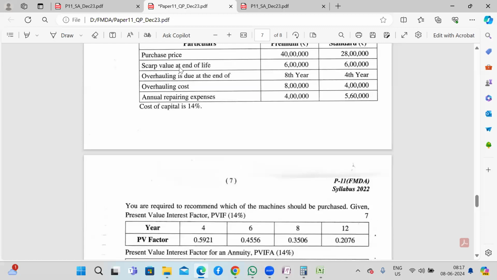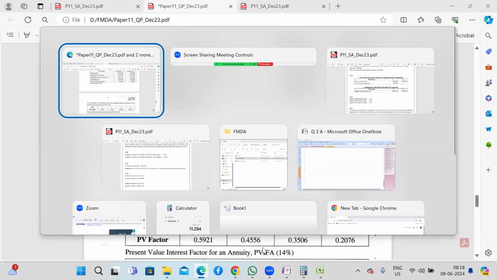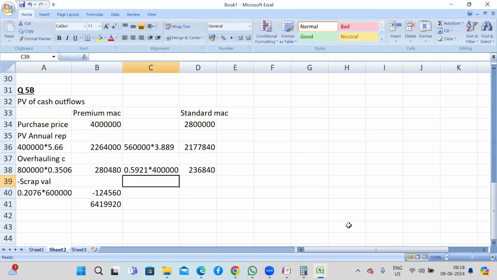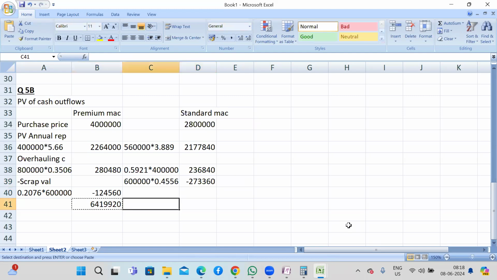So scrap value 6 lakhs, I'm going to realize on year 6, that is 0.4556. So this total outflow is 49,41,320. This is for 6 years.